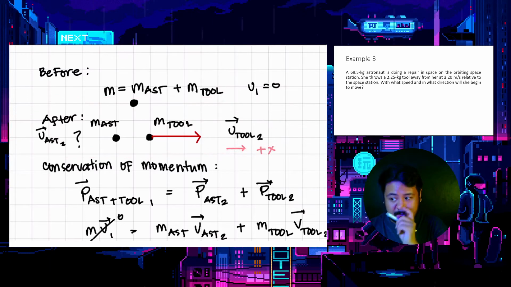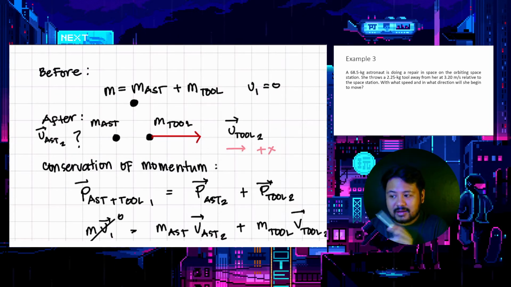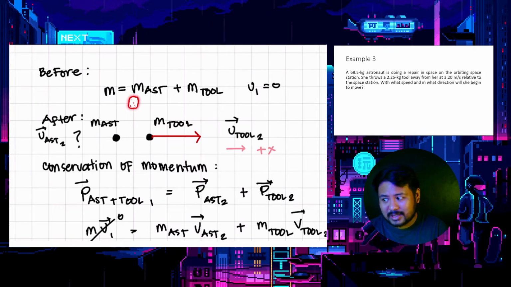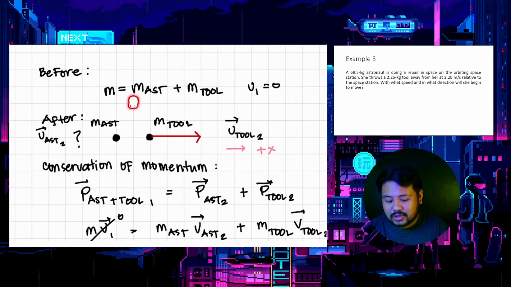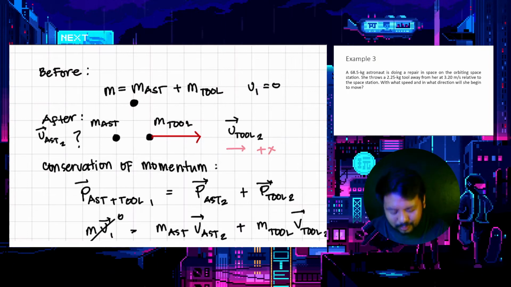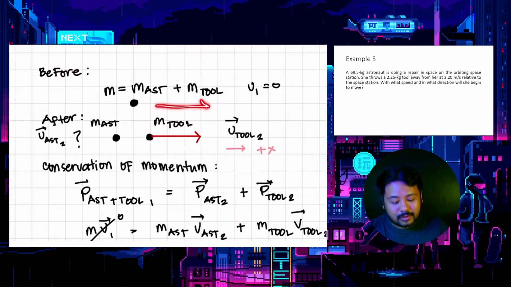As you can see, we are given here the 3.20 meters per second. There's a keyword there: relative to the space station. If, let's say for example, that is the space station, and that's where the astronaut is, I will denote that she will throw the tool going to the right.